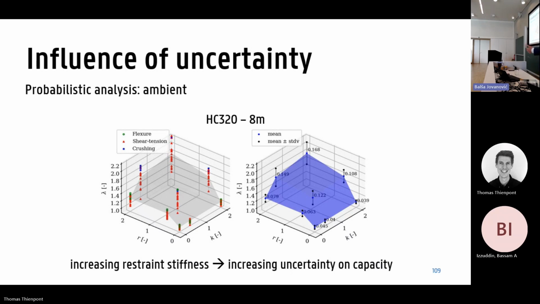But if we increase the restraint stiffness, both in terms of the rotational stiffness or the actual stiffness, we see that the uncertainty increases quite a bit, especially if you look at the points where k and r are equal to 2. We see that the value of lambda ranges from 1.4 to 2.2, so there's a very, very big uncertainty.